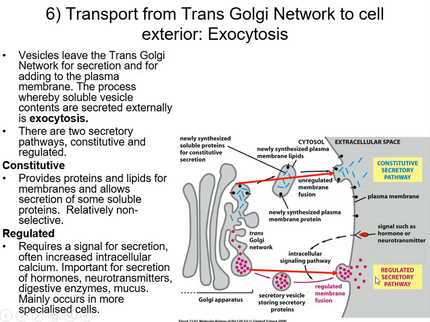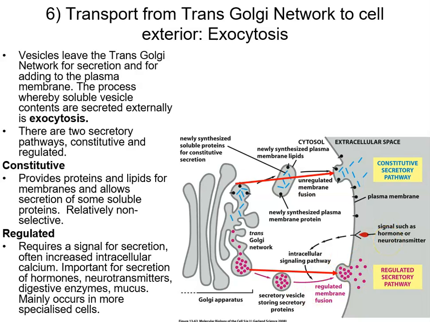But these all come under the regulated pathway, because the release of the vesicle is reliant upon some sort of signal from outside the cell, something binding to a receptor, triggering the release of those vesicles that can happen almost instantaneously or be a little bit slower in terms of many hormone secretions.